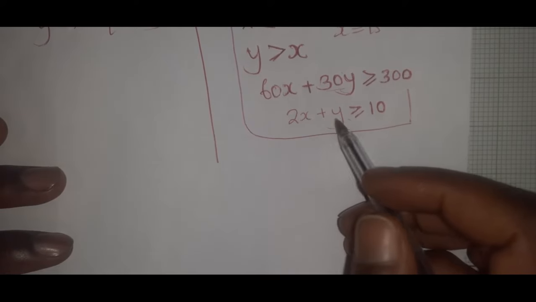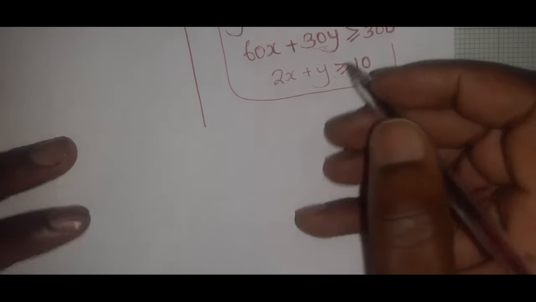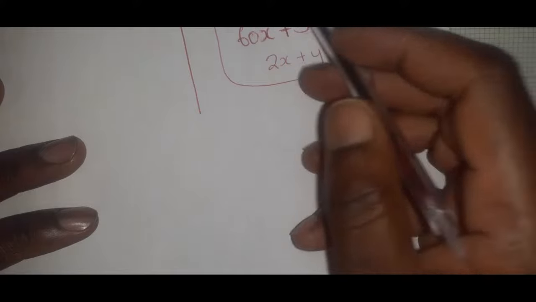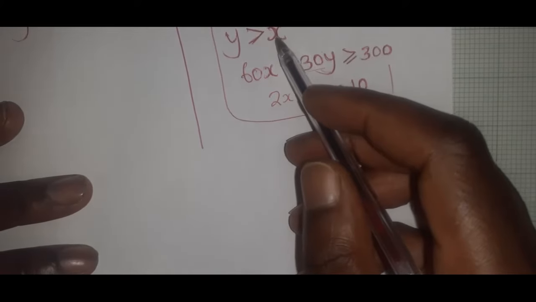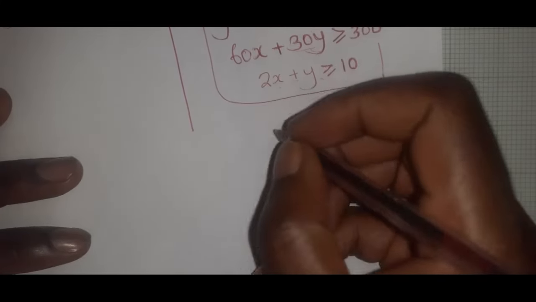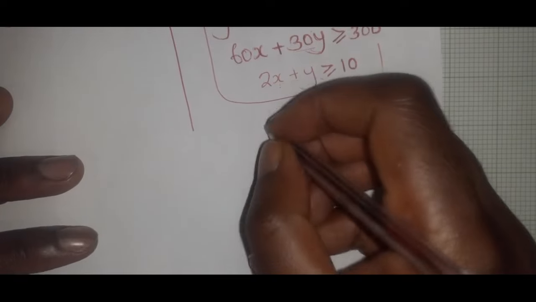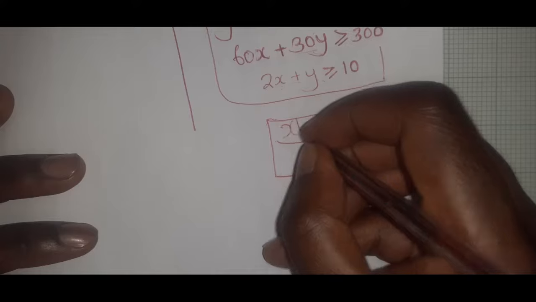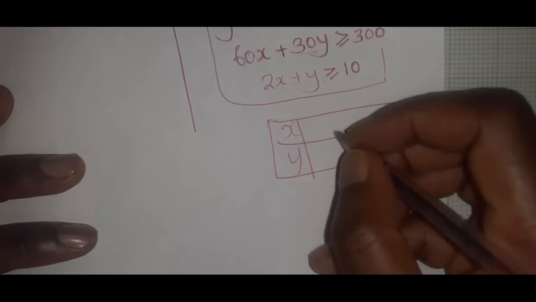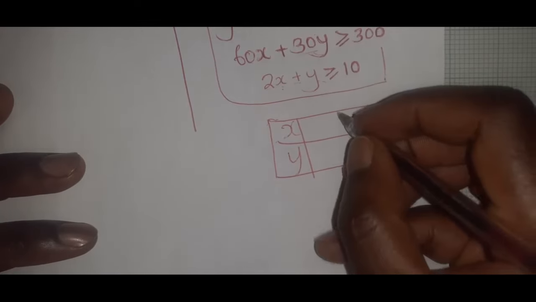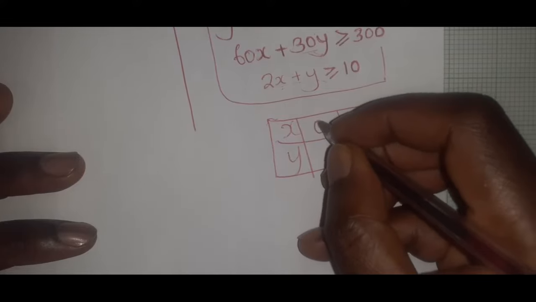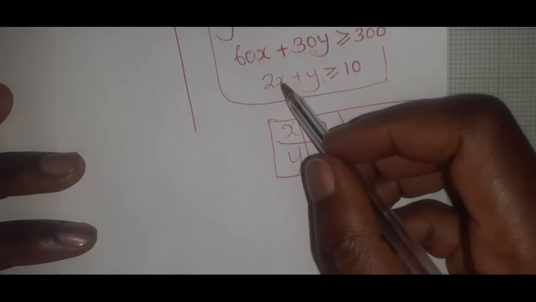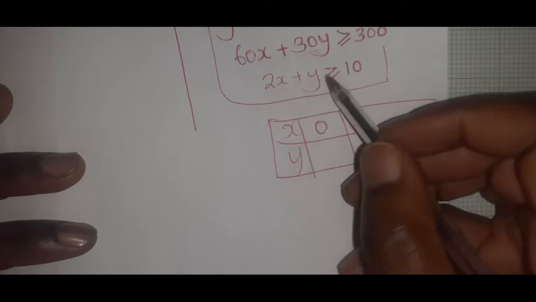Okay, so we have this one. How do we deal with this one? Oh, we skipped this one. Let's do this one, then we'll come back to this one. Where we have x and y, we need to come up with a table. When our x is equal to 0, what are we going to get?